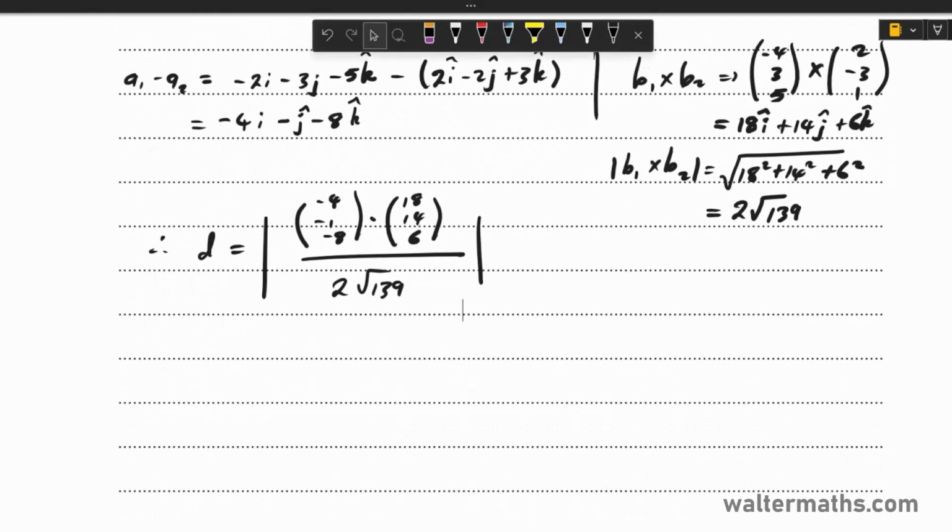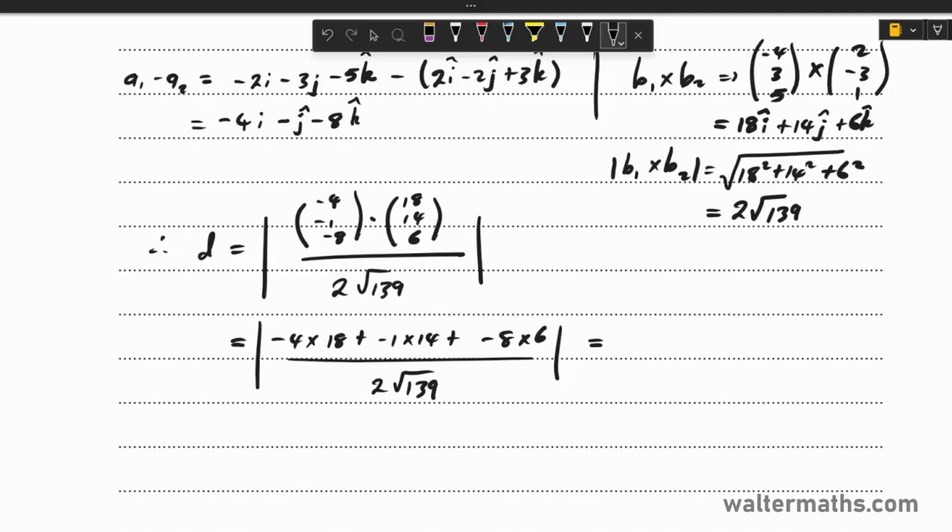All right, and on top, that's going to be minus 4 times 18 plus minus 1 times 14 plus minus 8 times 6, all over 2 root 139, all under modulus, which should simplify the numerator to minus 134, which is 134 basically under modulus, and it's over 2 root 139.